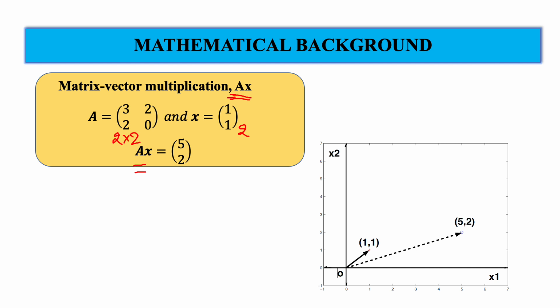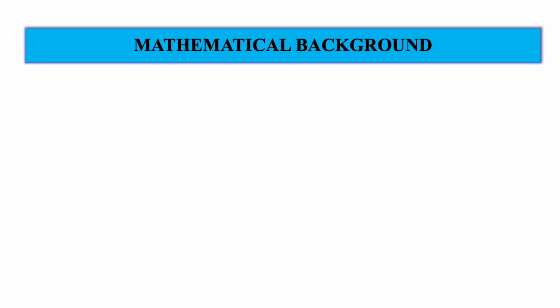So if you want to rotate any vector, it is a good idea to multiply it with a suitable matrix so that the vector gets rotated. In our course, where we talk about different optimization methods, we will require this concept, that the direction is rotated by appropriate pre-multiplication of a matrix. So this is an important concept.